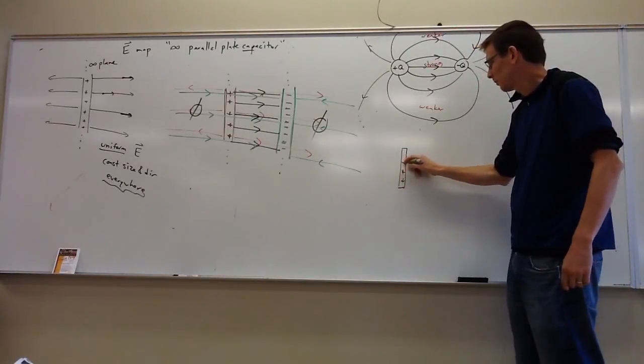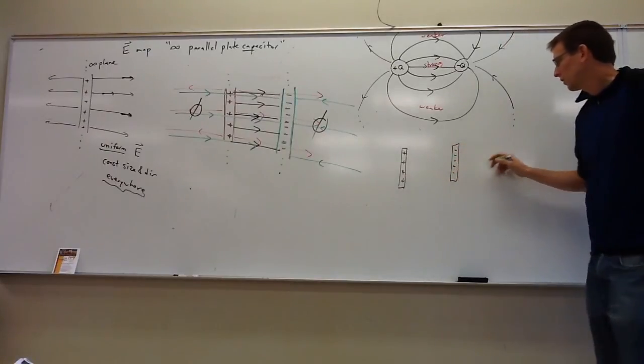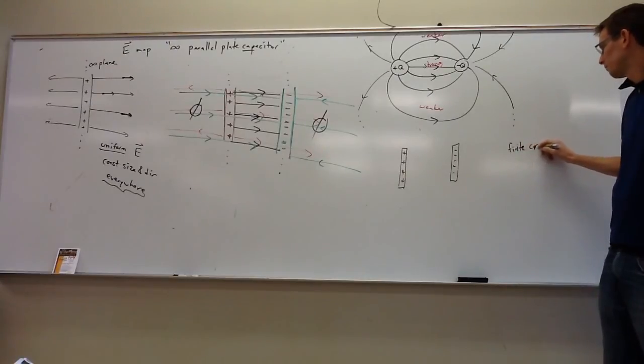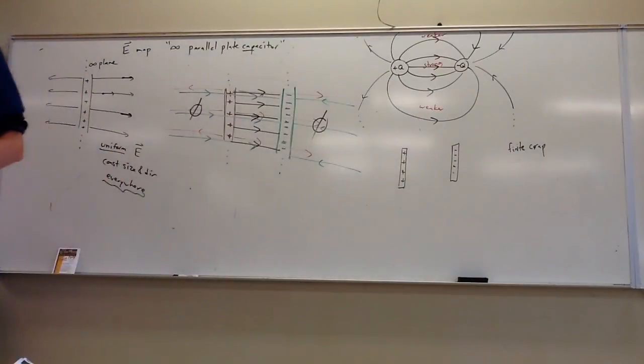It looks like this. This is all called the finite cap. It's the missing link in the evolution between the two.